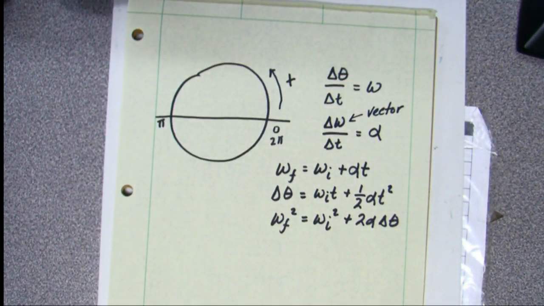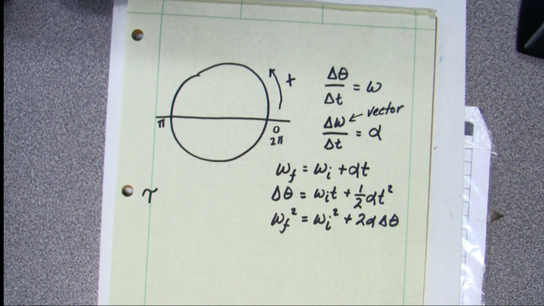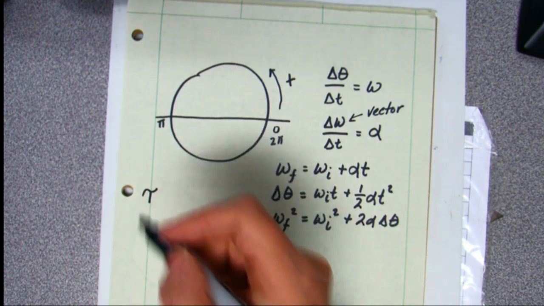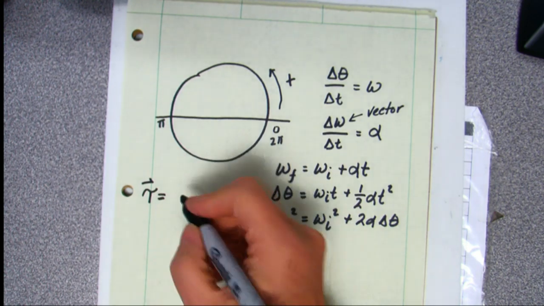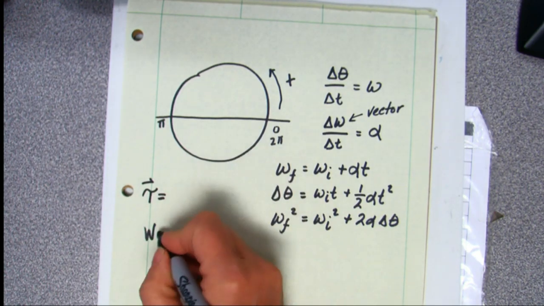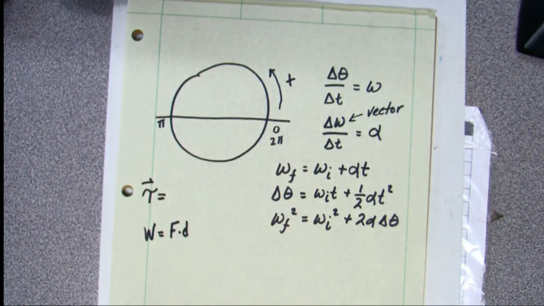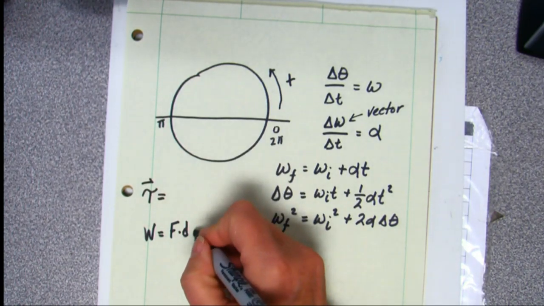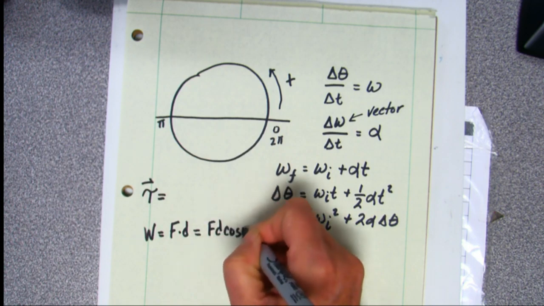And what we're going to see on Wednesday is that becomes very important when we deal with torque, because torque is also a vector quantity, and remember that work, we did force dot distance, and remember that became our force times cosine of the angle, right?